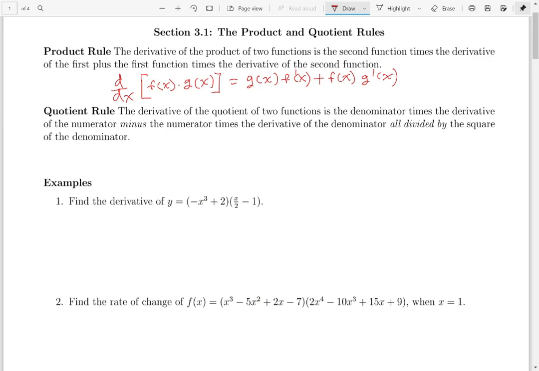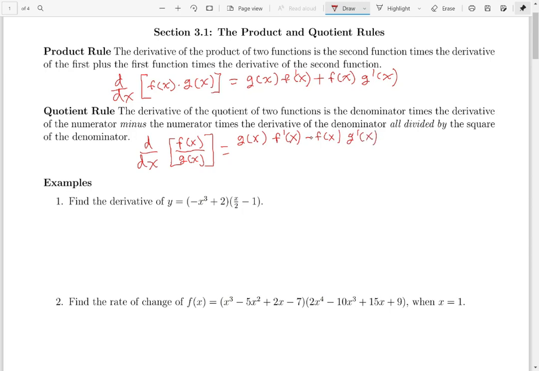The quotient rule is a little more complicated, but if you can remember that layout that we have for the product rule, the quotient rule won't be so bad. So try to get the patterns right. If we take the derivative of two functions being divided, that is the quotient, then that's actually going to be the denominator function times the derivative of the numerator minus the numerator function times the derivative of the denominator.